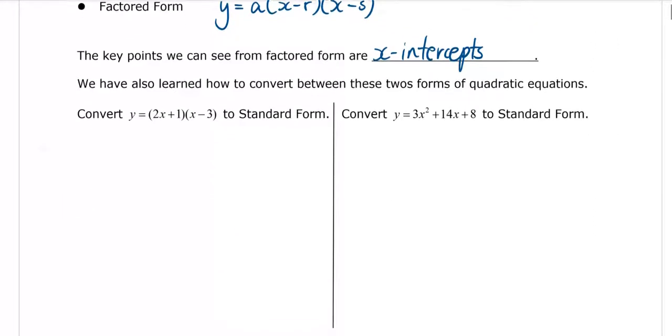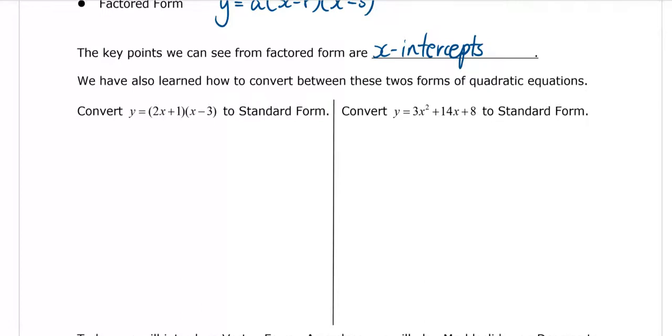To convert from factored form to standard form is through a process called expanding. So if we expanded y equals (2x plus 1) times (x minus 3), you'd use the distributive property.